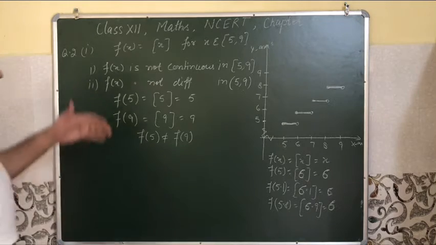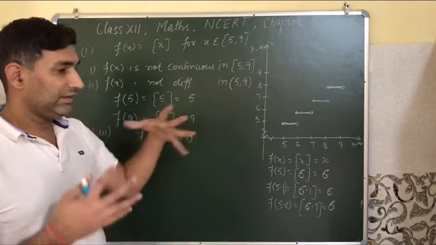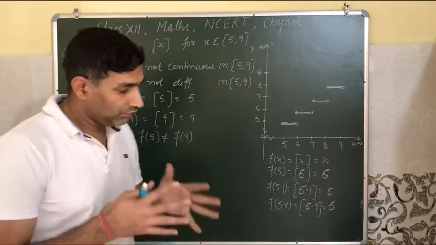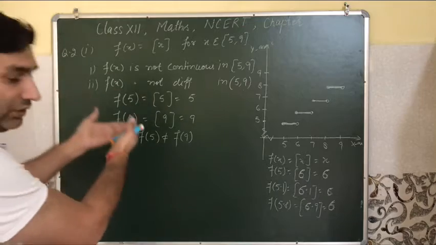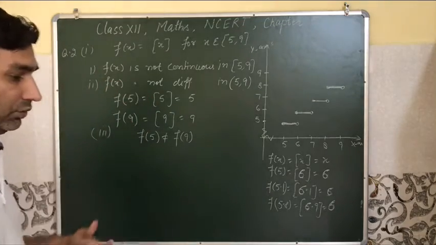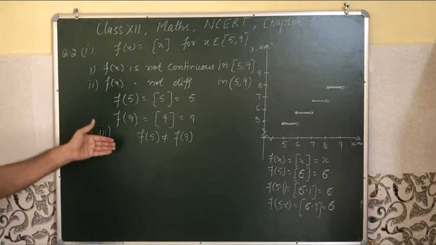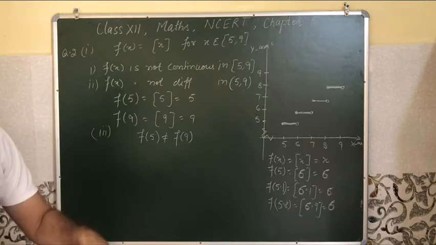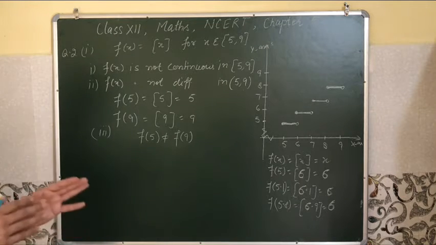What is the converse of Rolle's theorem? The converse is that if in the given open interval 5 to 9 there lies any point c, then it will satisfy the other three conditions. Rolle's theorem says that if the three conditions are satisfied, then at least one point c lies in the given open interval, and f'(c) is equal to 0.